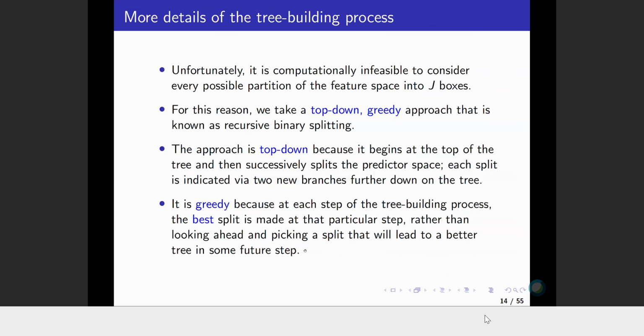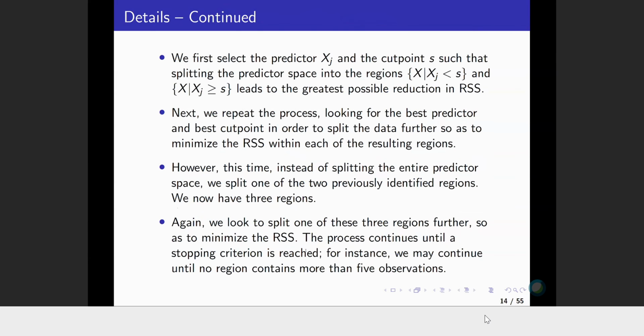Then we can take a look at this. First we select a predictor Xj and a cutoff point s, such that we split the predictor space into two regions. One is Xj less than s, and the other region is Xj greater than or equal to s.